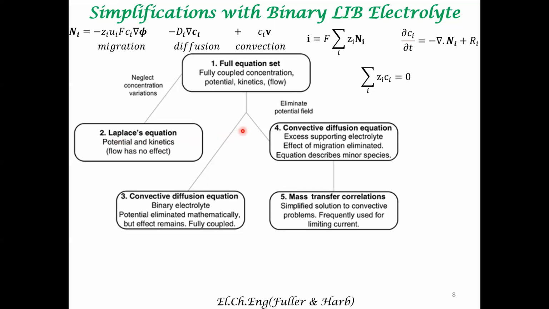Then we eliminated migration effects using supporting electrolytes, and that gave rise to a simplified set of equations. In the previous lecture, we looked at simplifications from binary electrolyte. In this lecture, we are dealing with this set of simplifications.